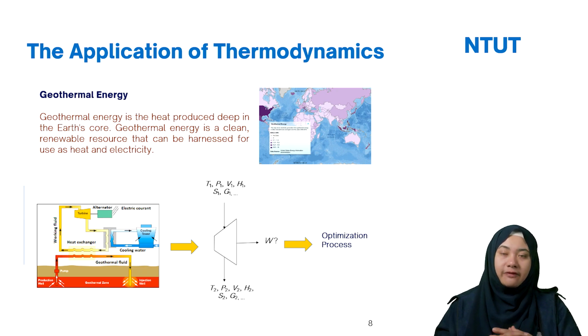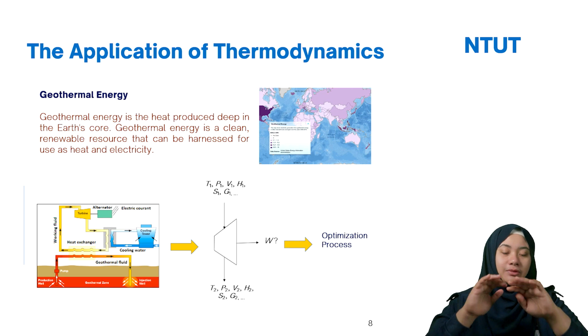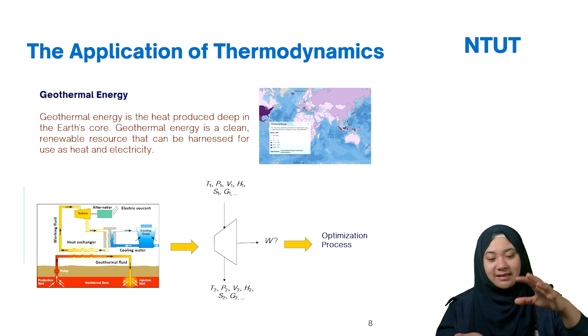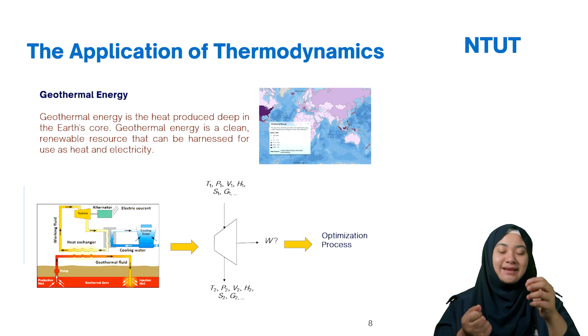For flow work, it is mostly about the piston. Piston is one of the units that we use. For example, you have a bicycle at home. When you need to put some air inside the tire, you use a piston.